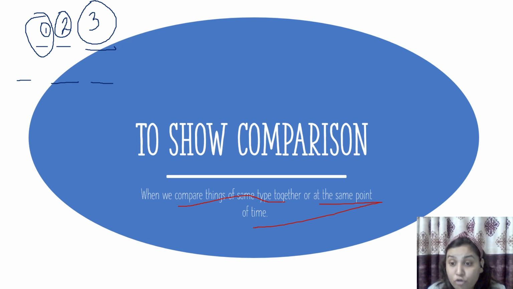So we have come across words like big, bigger, biggest, small, smaller, smallest, tall, taller, tallest. In the next block, we are going to talk about how these words are created, or how we use adjectives to show comparison. This will be done later in the blocks in detail, so I'm not touching upon it. I just wanted to give you an idea how they are used to show comparison.